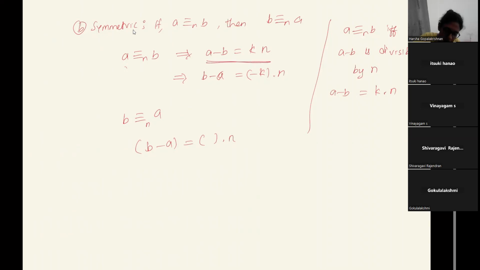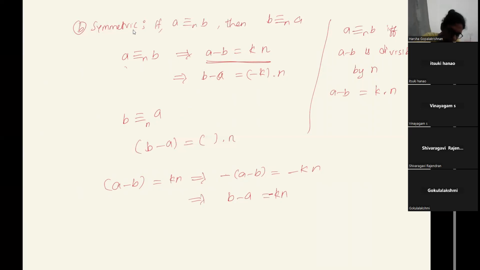I am taking the negative of this. That is, A minus B equals kn implies minus (A minus B) equals minus kn. Correct? That implies B minus A equals minus kn.